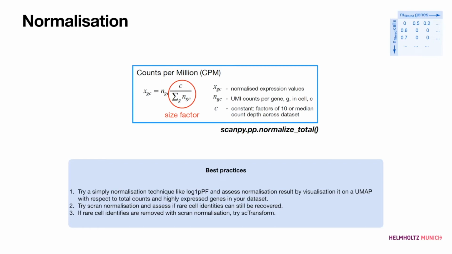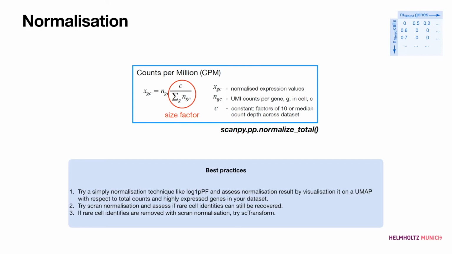Our guidance for best practices here would be to try this relatively simple normalization technique, and then look at the results on a UMAP and look at the total counts in highly expressed genes in your data set, and check whether they actually make sense biologically.